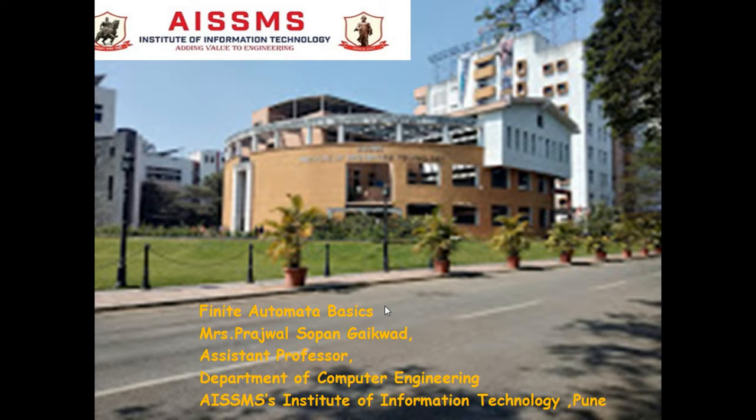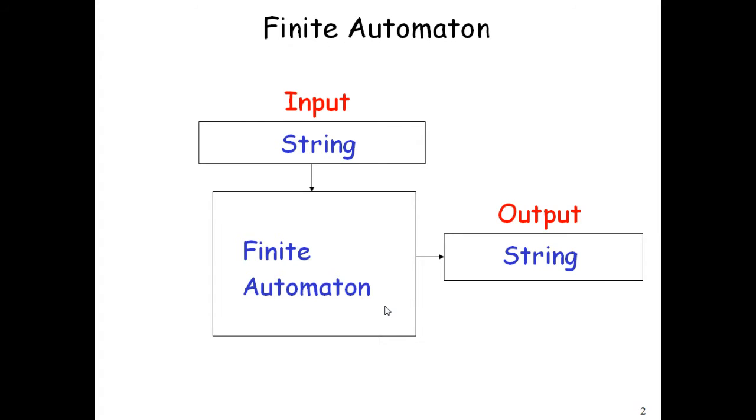So what actually is finite automata? When you look at this diagram, finite automata can be represented as taking an input string. The finite automata processes that string and outputs a string.